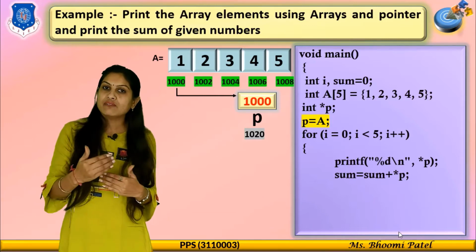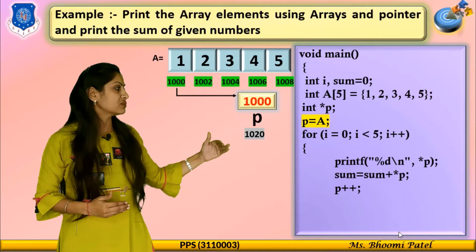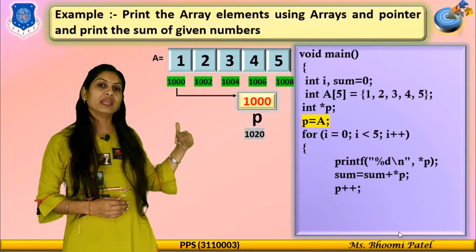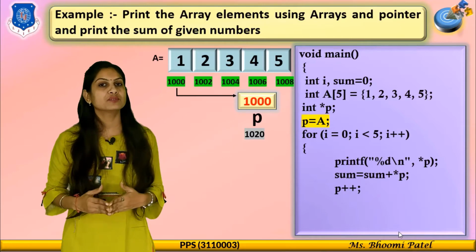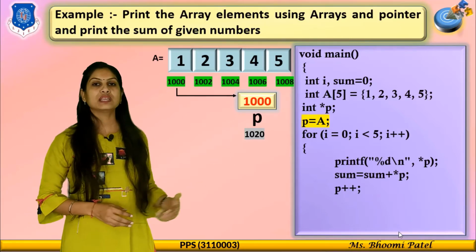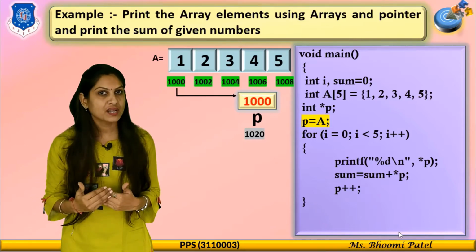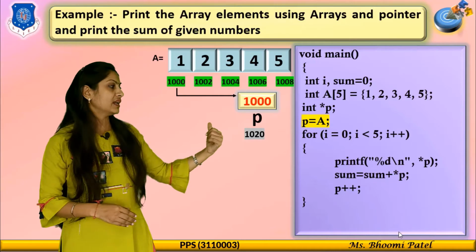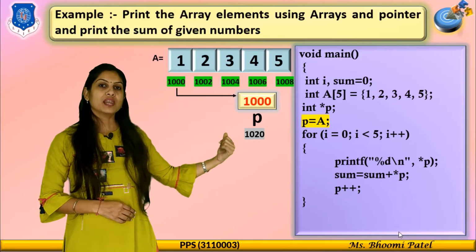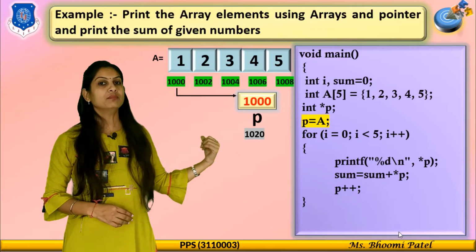Then our i will be incremented, and we also have to increment our pointer, meaning the 1000 location will be incremented and it jumps onto the 1002 location. Clear? For that we are using p plus plus. Now p will point to the second element. So the second element will be printed, and then it finds the sum, that is 1 plus 2 becomes 3.